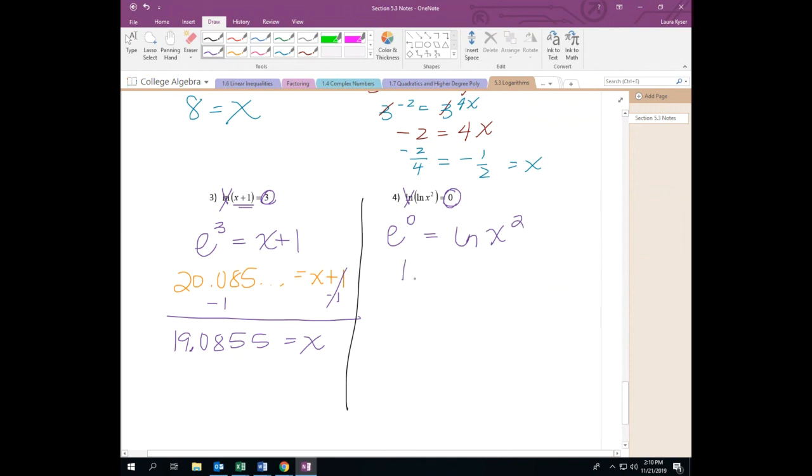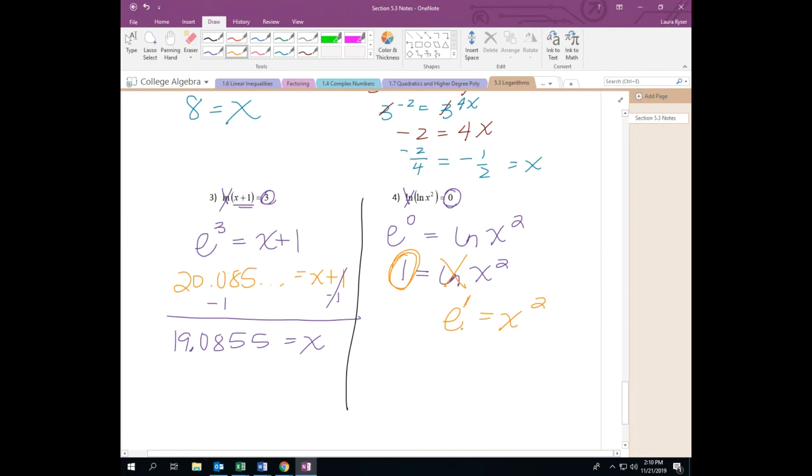E to the 0 power is 1. And now we have another equation, 1 equals ln of x squared, which we can rewrite again using e if I drop this ln and make it e to the 1st power equals x squared.